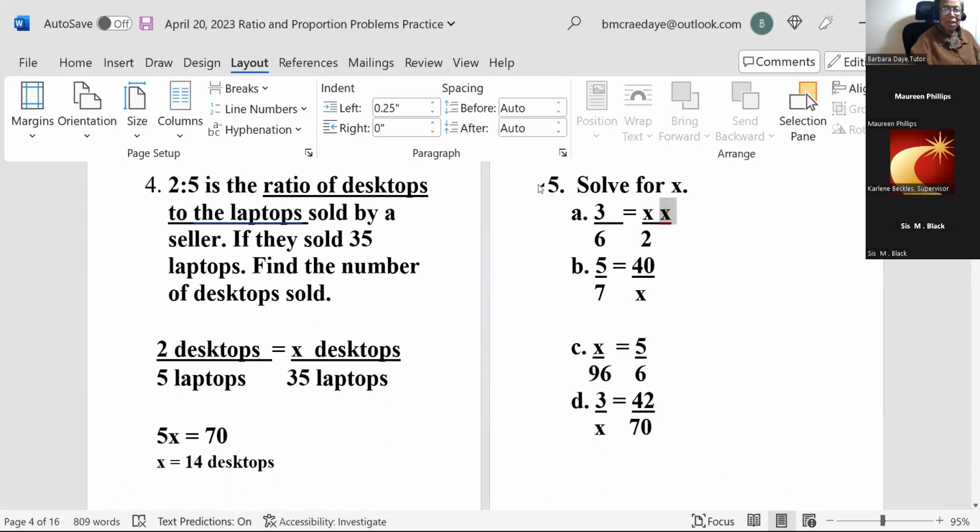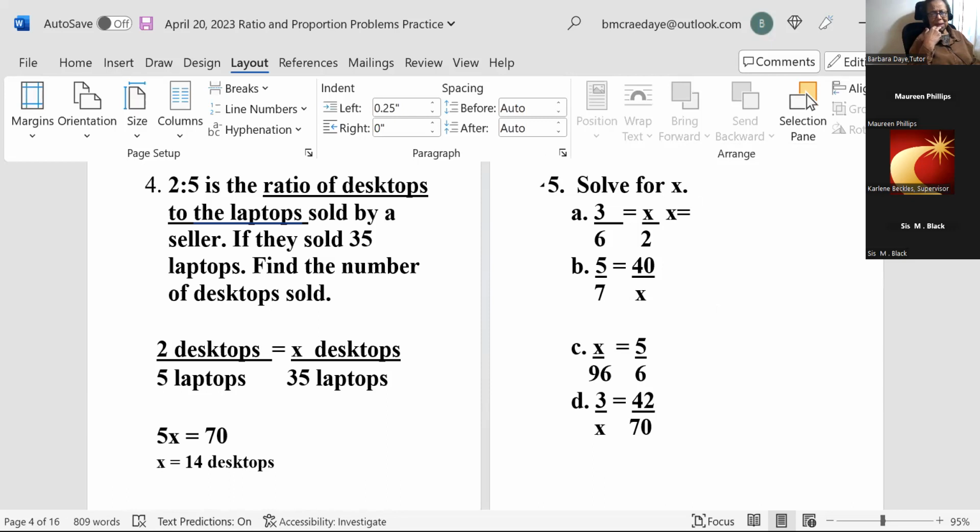Okay, we cross multiply, right? 6X is 6X. And 3 twos is 6. So what is X equal to? 6? No. Think again, Maureen. 3 times 2 is 6. 6 times X is 6X.